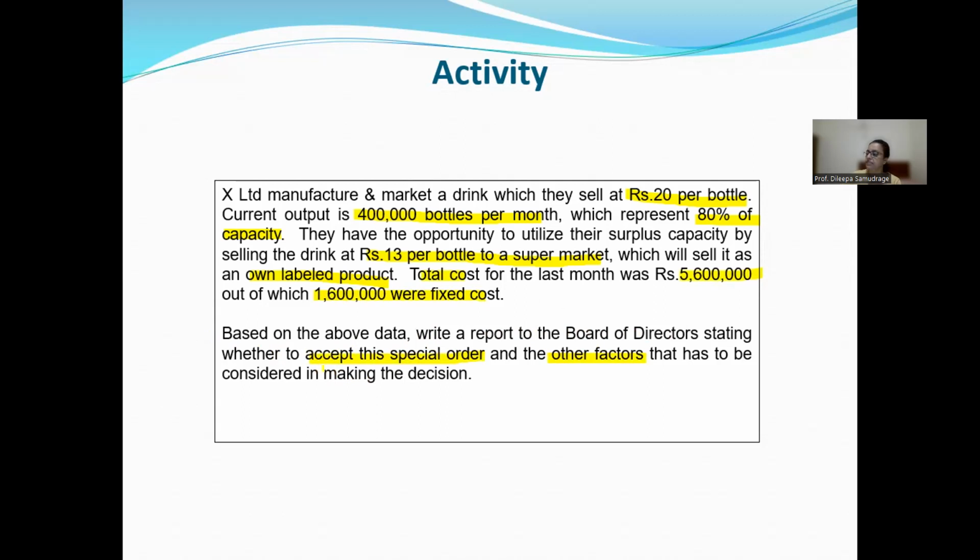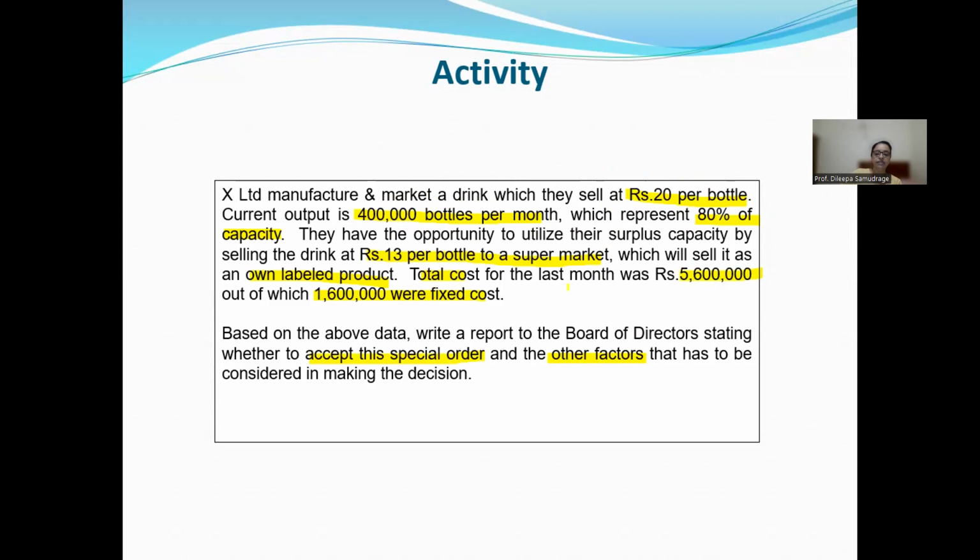You first have to say whether you are going to accept this special offer or not, and what the other factors are. For the students who haven't done this activity: first find out the excess capacity, which is 100,000 bottles. 80% equals 400,000 bottles, so 20% is 100,000 bottles.